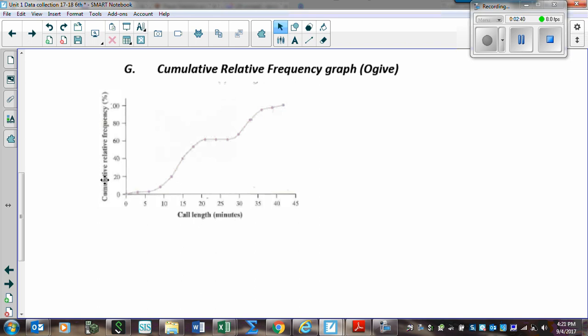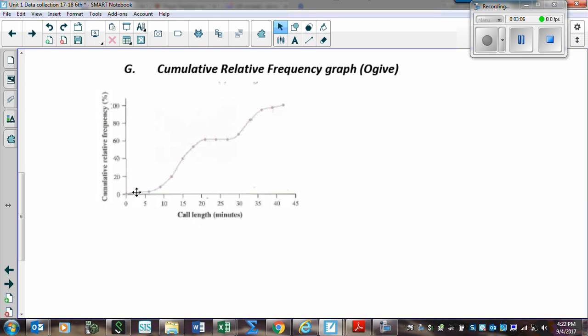And then it's the cumulative relative frequency. We saw cumulative relative frequency in our original frequency chart. And so at the far left of every ogive, you're going to have 0 cumulative frequency. You're going to start, so you haven't collected any information yet. And at the right end, you're going to be at 100% every time.